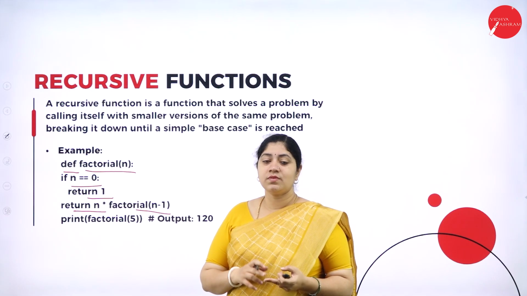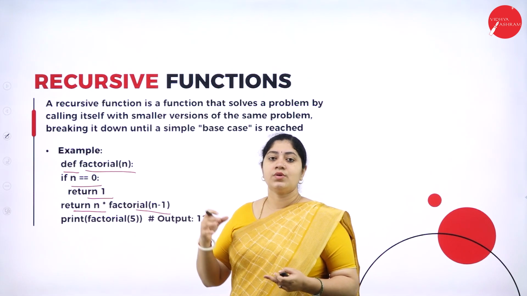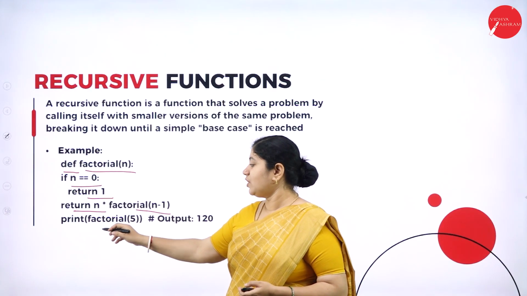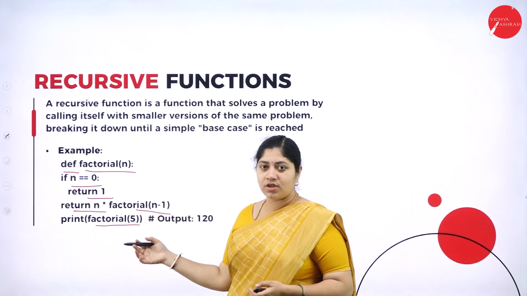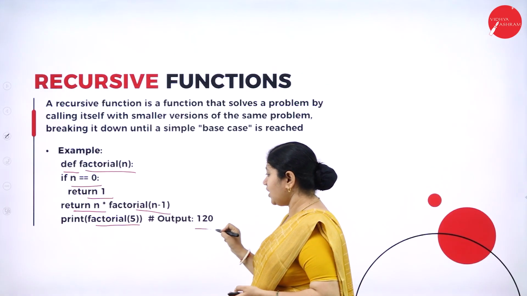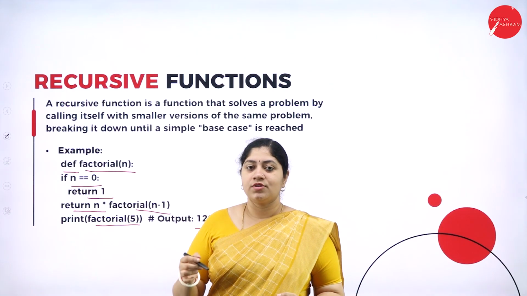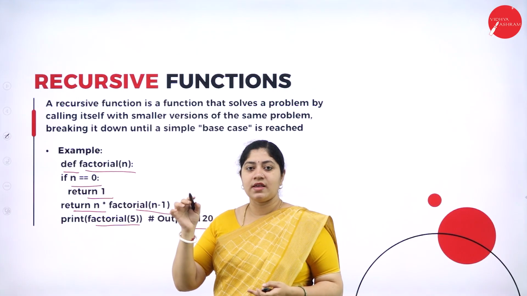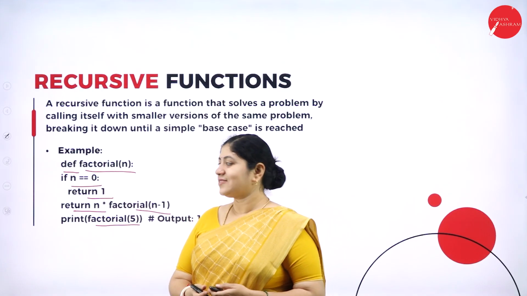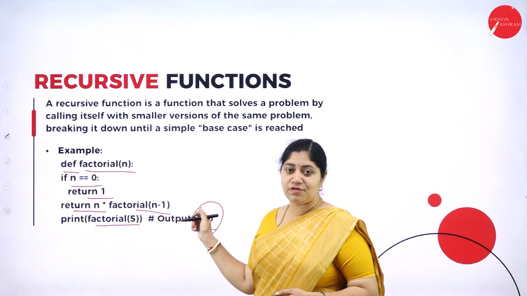So you might observe that from n it is breaking down to n minus 1 in order to reach its base case. Finally, we print factorial of that value, and at the output we will get the factorial of 5, that is none other than 120. So 5 factorial is 5 into 4 into 3 into 2 into 1. Yes, that's how we end up with a value of 120.